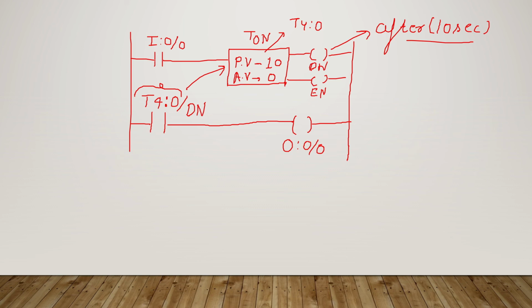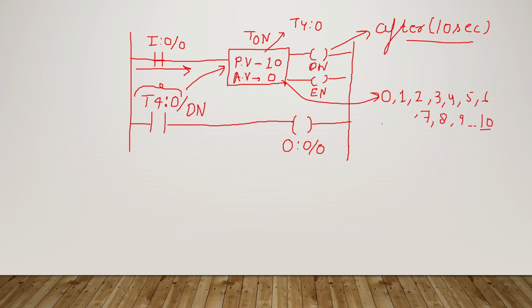So when you turn on this switch, the switch passes the supply, and when this T-on timer gets a supply, the accumulated value increases from 0 to 10. It counts 0, 1 like that, and the counting process is because of the internal pulse. So 0, 1, 2, 3, 4, 5, 6, 7, 8, 9 and 10.